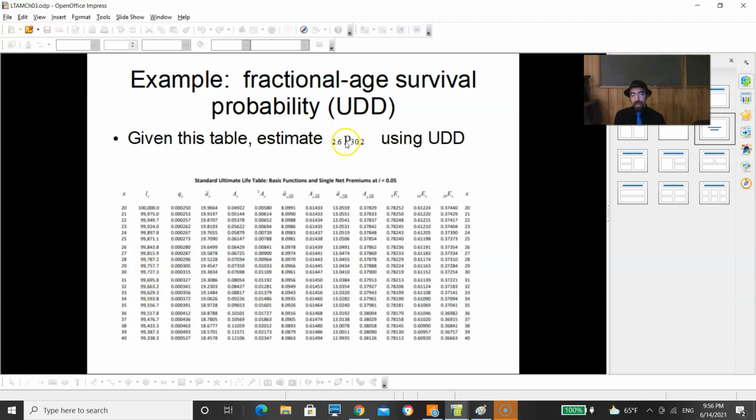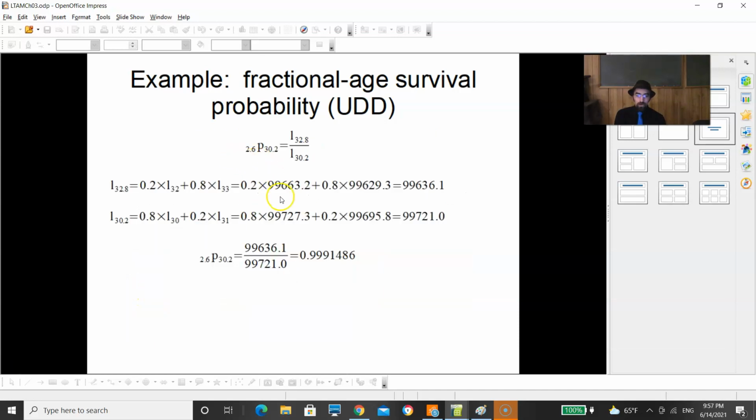And I'm looking for what happens when that person, 2.6 years later, is 32.8. So 20% of age 32 and 80% of age 33. Crunch these numbers together, look them up in the table, do the arithmetic, and you get a survival probability of 0.9991486.